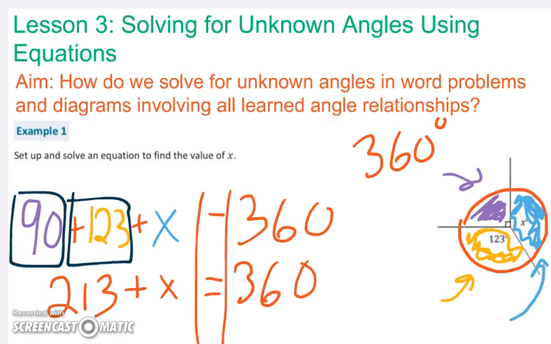That 213 and x are combined by addition, so we will do the opposite. We will subtract 213 from both sides. Now obviously I want you to continue right under it, but I'll put my answer on the side here. x equals 147 degrees. So when you add those three angles together, in theory, you get 360, and that's not theory anymore, that's just straight fact.